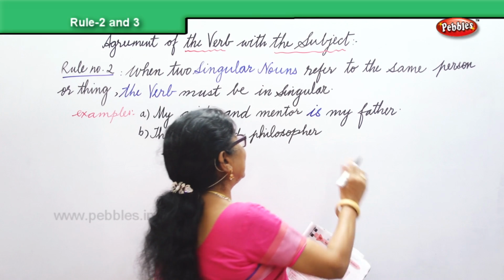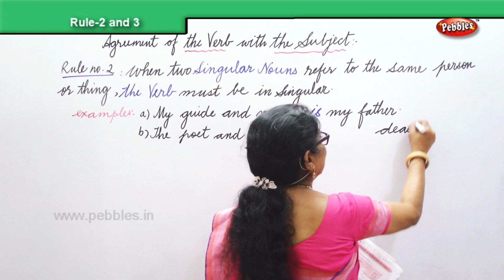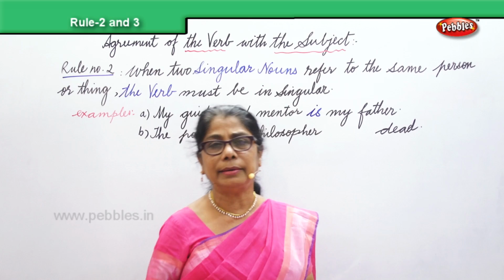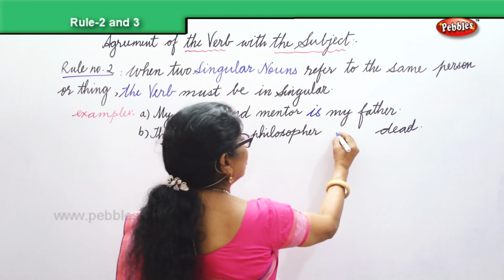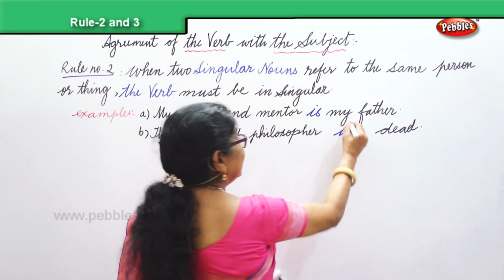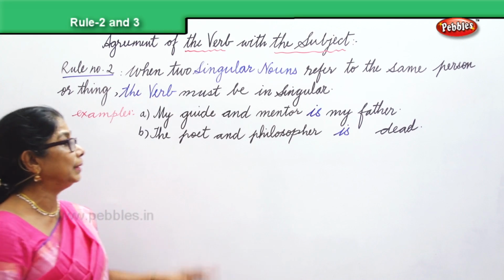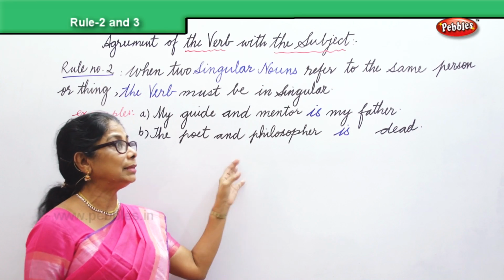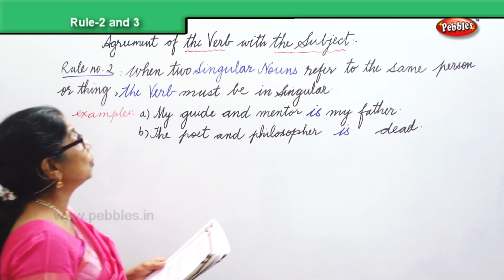So what verb will that be? The poet and philosopher is dead. You cannot say the poet and philosopher are dead. No, it refers to the same person. So the verb here is singular. When we are referring to the same person, poet and philosopher both are same, the verb remains singular. And that's a rule too.